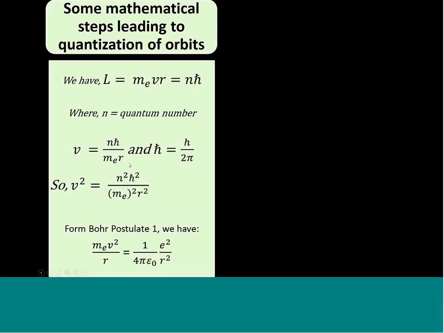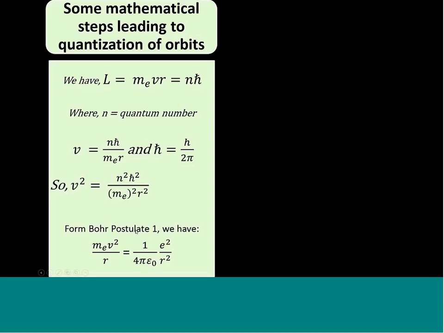Okay, V kuasa 2. Kita pindah sebelah kanan. Kalau kita kuasa 2 kan V kuasa 2, actually yang sebelah kanan pun kita kuasa 2 kan. Kita dapat n kuasa 2, H bar kuasa 2 per dengan ME kuasa 2, R kuasa 2.